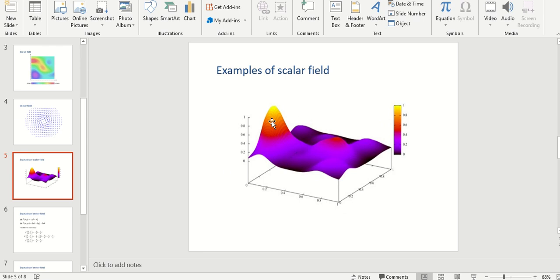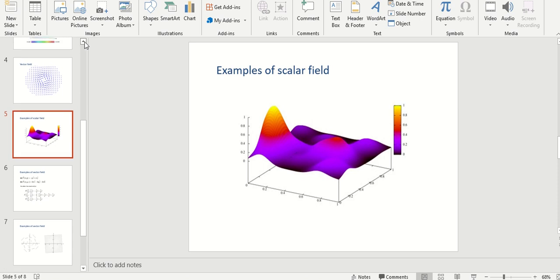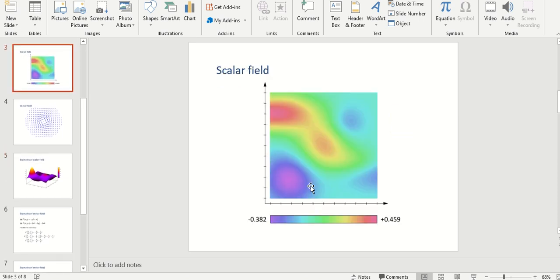Now this is an example of a scalar field. Look at the contour plot. This is a scalar field plot. This is a contour plot, it is a scalar field, and it represents the temperatures at different points of this room.